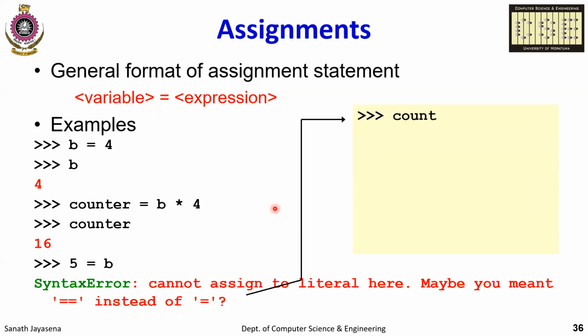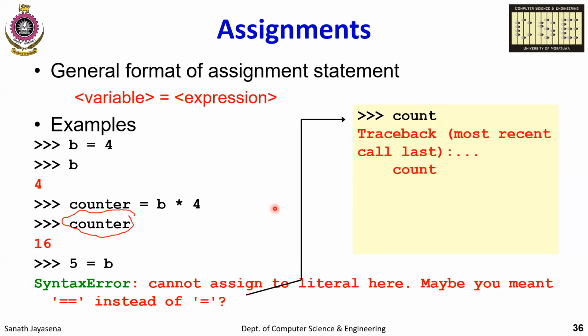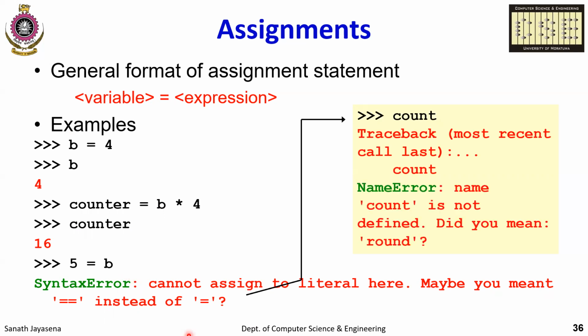Now, if I type count, maybe I want to refer to counter, which was here, but I mistakenly type count. What would happen? Okay, it doesn't know what it is, right? So Python will complain, name error.